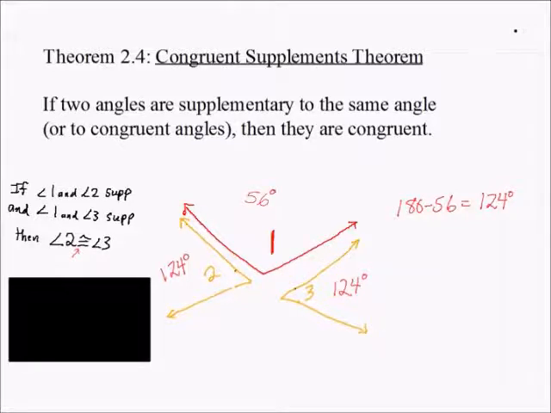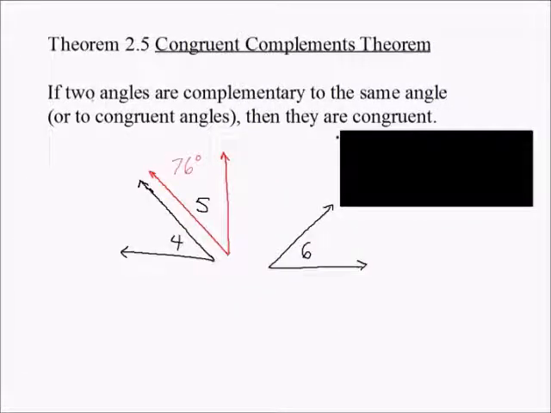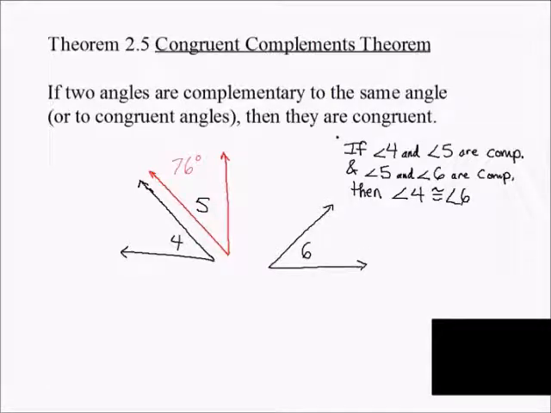The congruent complements theorem is the same exact thing. If two angles are complementary to the same angle, then they're congruent. So if we know that angle 4 and angle 5 are complementary, and we know angle 5 and angle 6 are complementary, then that means that angle 4 and angle 6 have to be congruent.